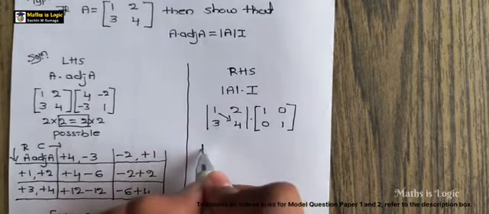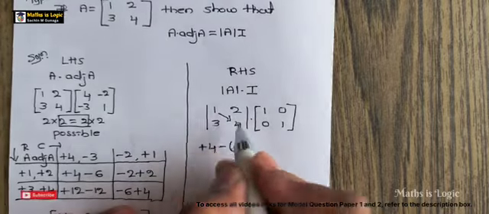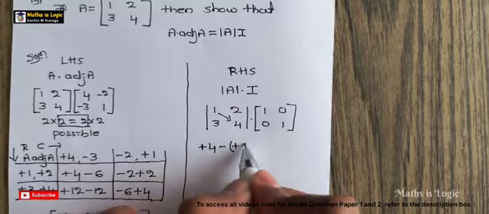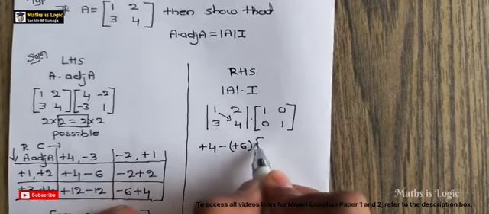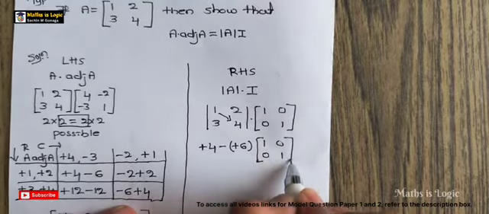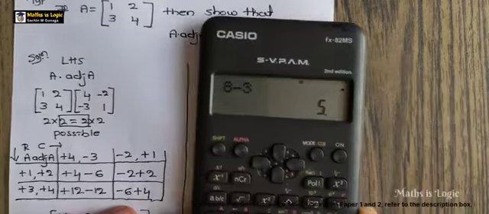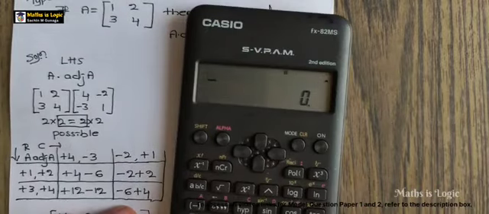Plus into plus is plus, 1 into 4 is 4, middle minus sign, plus into plus, plus 3 into 2 is 6, into keep this identity matrix as it is, 1 0 0 1. Next use the calculator. Plus 4 minus of plus 6, it will show you minus 2.